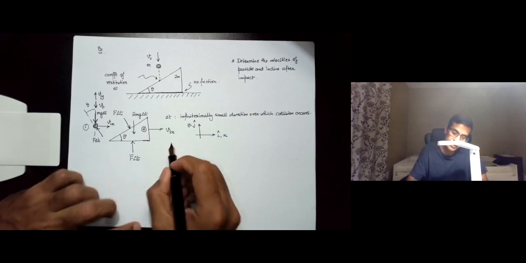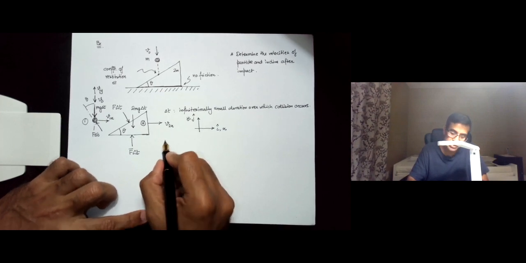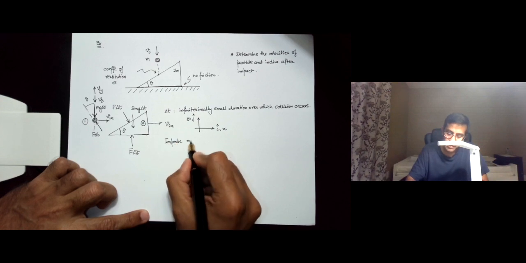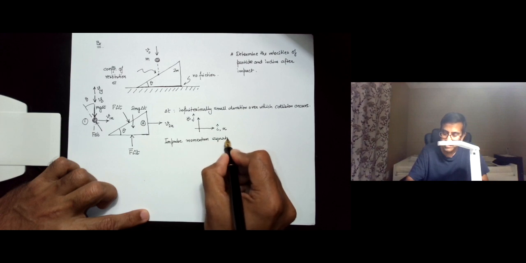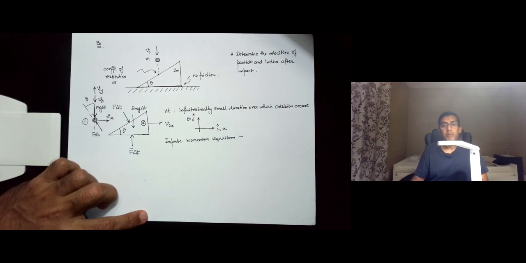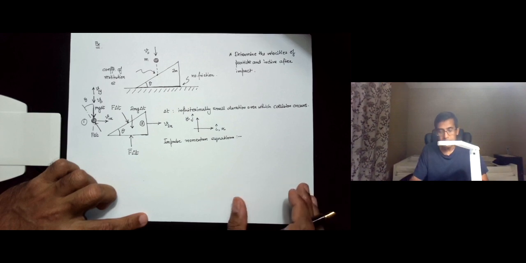So let us now take the approach of writing the impulse momentum equations. The impulse momentum equations for a particle or even for a rigid body. For a rigid body, the impulse momentum equations are both in the linear as well as in the rotational sense.